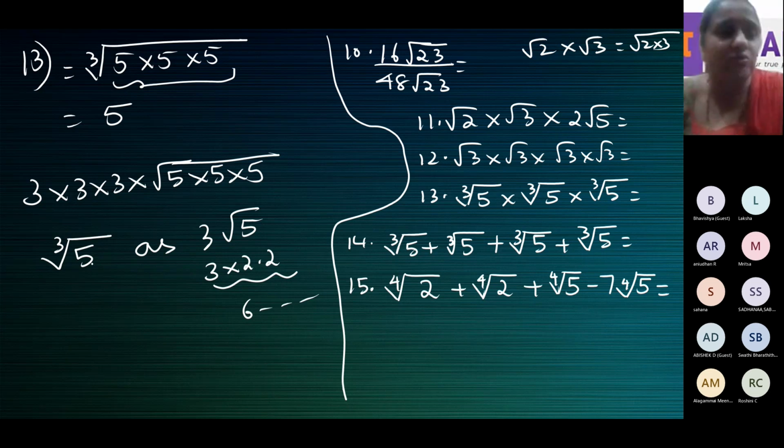So 1 into 1 into 1 is 1. 2 into 2 into 2 is 8. So the value of cube root of 5 will be less than 2, because 2 cubed is 8. Now this is 5, so it will be less than 2. But 3 root 5 is 6 point something. They are two different things.